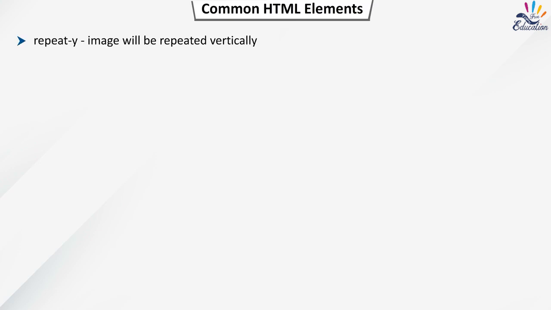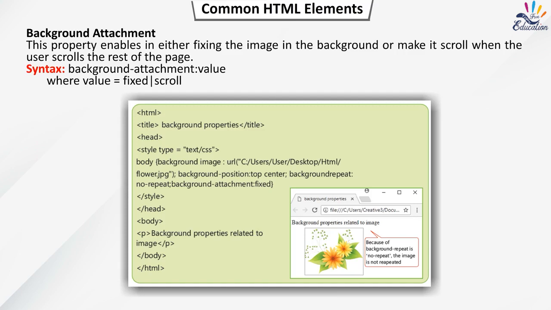Repeat-y: image will be repeated vertically. Repeat: default value, image will be repeated in both directions. Background attachment. This property enables either fixing the image in the background or making it scroll when the user scrolls the rest of the page. Syntax: background-attachment: value, where value is equal to fixed or scroll.